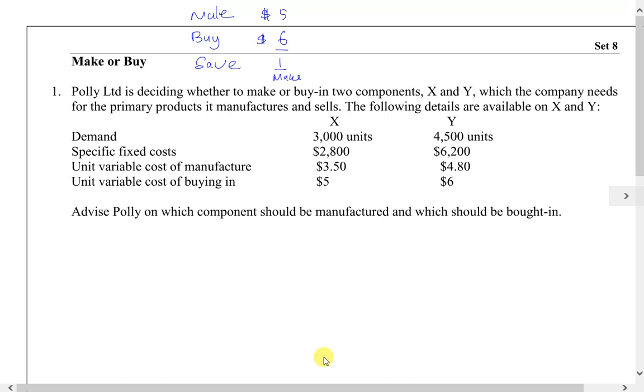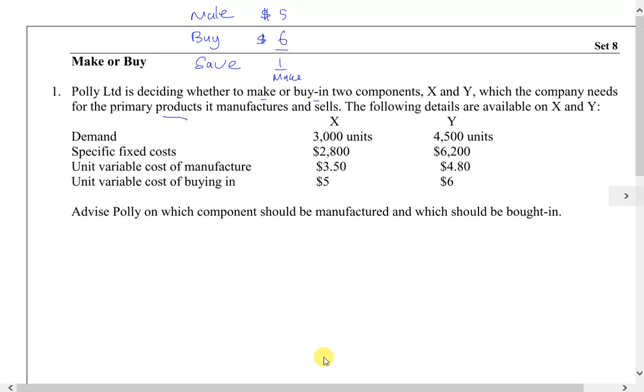So Poly Limited is deciding whether to make or to buy component X and Y, which the company needs for the primary product, the component for its main product. The following details are available on X and Y. Demand is 345.